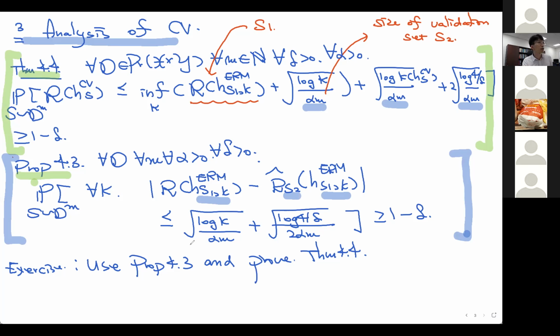So 1 minus delta. And then use this proposition and prove Theorem 4.4. So I give you time until 9:35. So give three more minutes to solve this exercise.